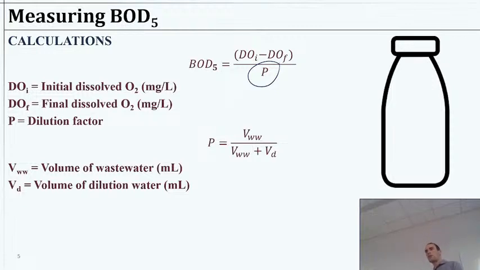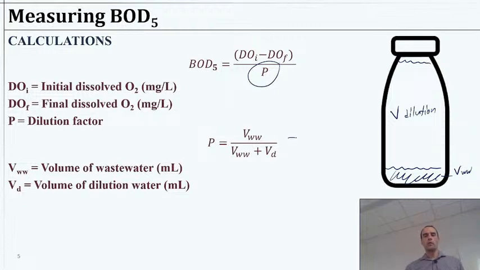And so this dilution factor is going to be what percent, or what fraction really, of the bottle is the waste. So P is our dilution factor. So if we have a container that looks something like this, we fill it to the top, and we have some volume of dilution and some volume for the wastewater, then that's going to be our system where P is the volume of the wastewater divided by the total volume.